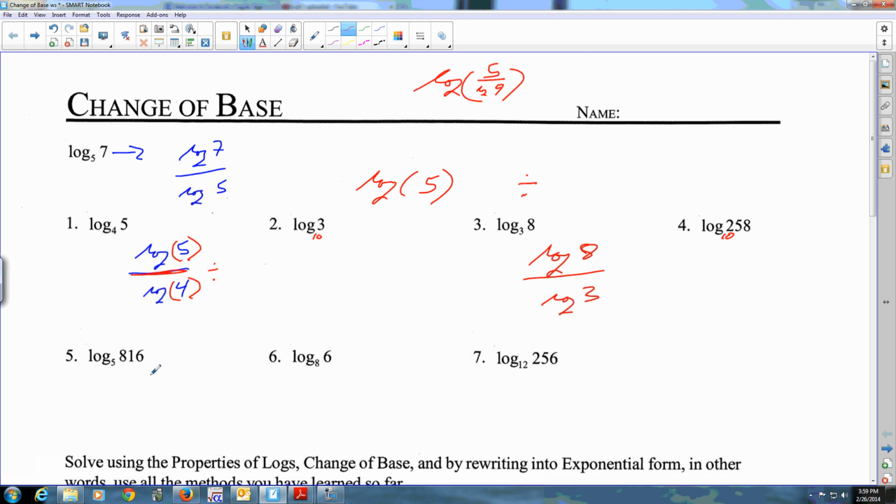This isn't base 10, so I need to type it in a way that would let me get it in the calculator. So I'm going to choose base 10 to type it. Log of 6 divided by log of 8. Log of 256 divided by log of 12. Okay. So that's the change of base.